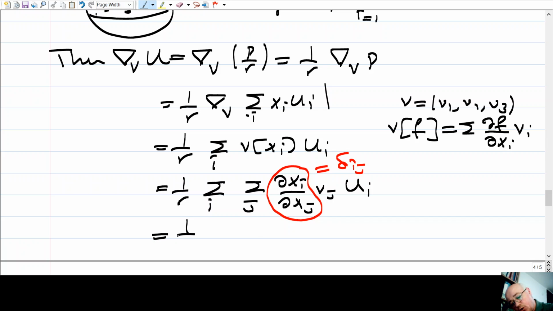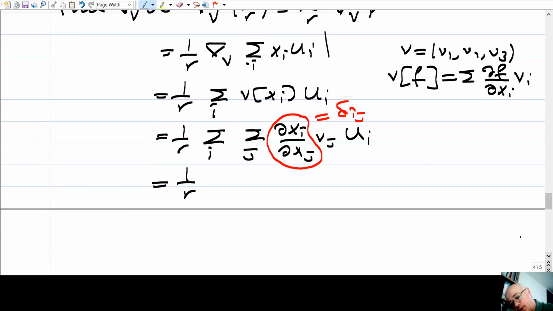Therefore, this is just 1 over r times the sum of v_i u_i. The sum of v_i u_i is just the vector v again: the i-th coordinate of v multiplied by u_i, and you sum them up.